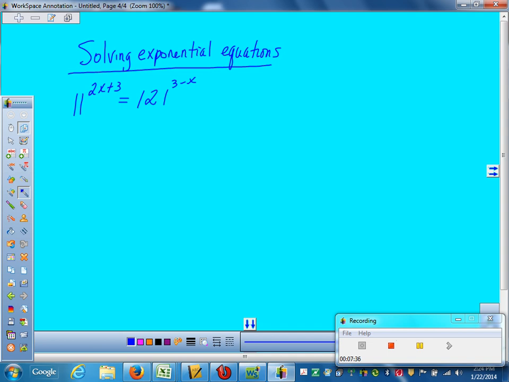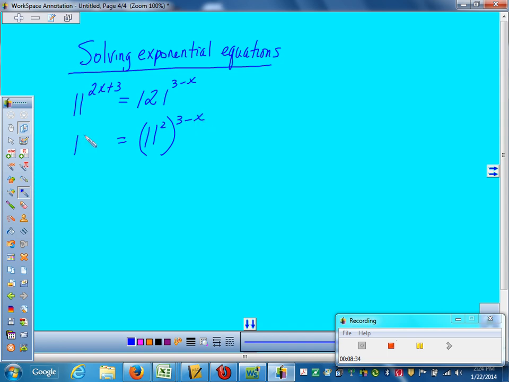Well, what you have to do is you have to get the base numbers, with some smart algebra, to become the same number. And you're going to have to rewrite one or both of them as some number to a power. What do y'all know about 121? It's 11 squared, isn't it? So if I changed it to 11 squared, I have to keep the 3 minus x on the outside.